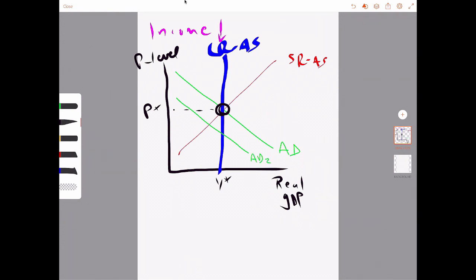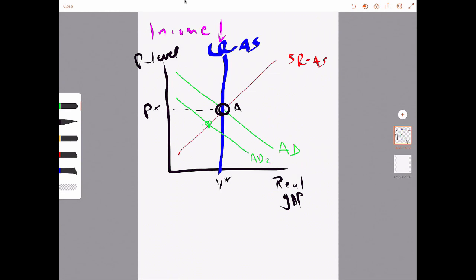So let me put a couple of labels here. This first place where we start, we're going to call that A. That's our initial equilibrium. When people's incomes fall, that shifts the aggregate demand curve, and it moves us to this point right here.